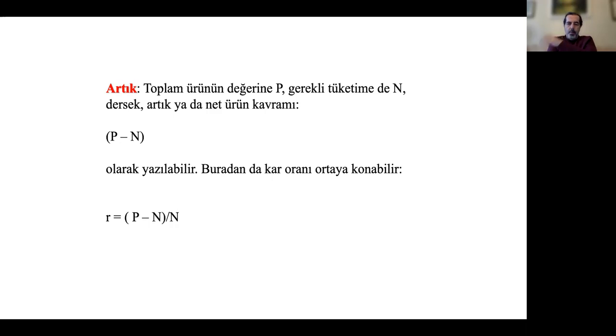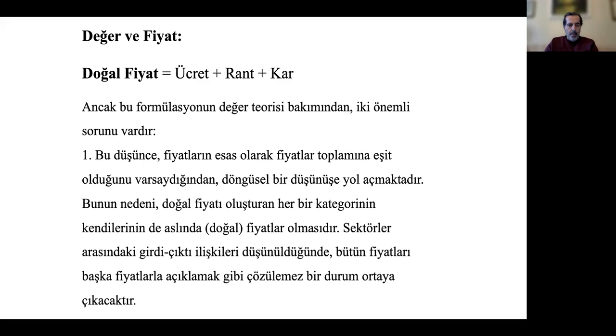But the problem of value appears from the very beginning. And according to Adam Smith, natural price is equal to wage, rent, and profit, the sum of profit. So this is the cost price for any commodity.